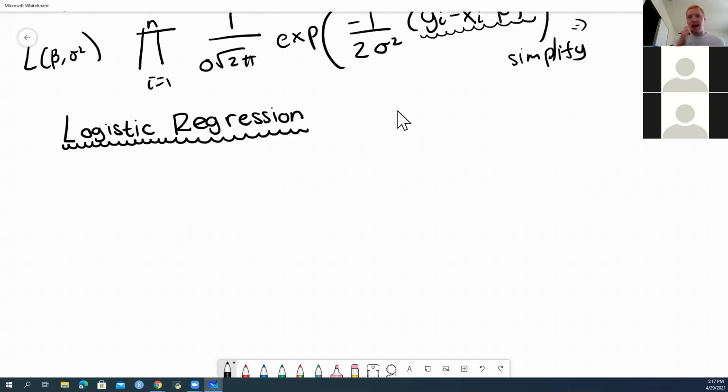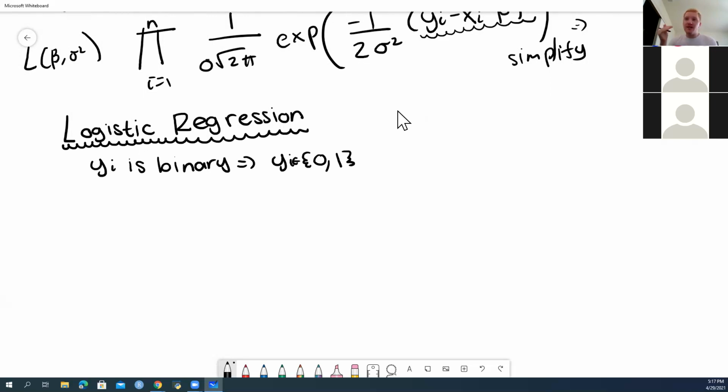Okay, so the basic idea is that you have a setup in which yi, the response variable, is a binary variable. That means yi is either 0 or 1.